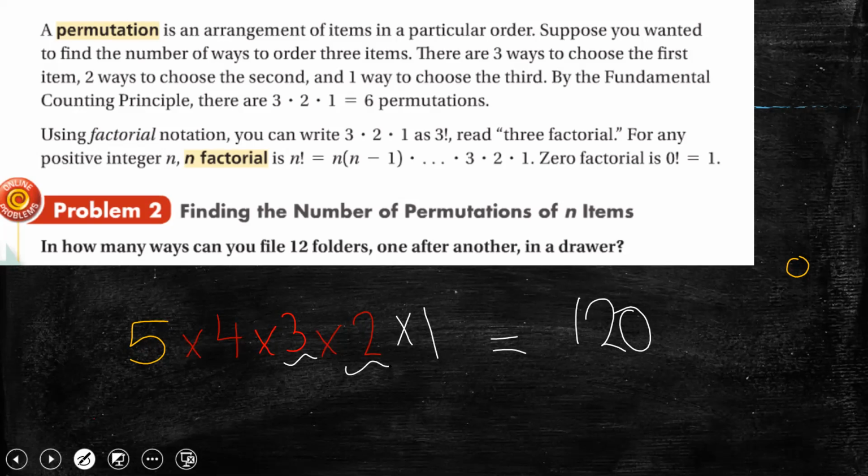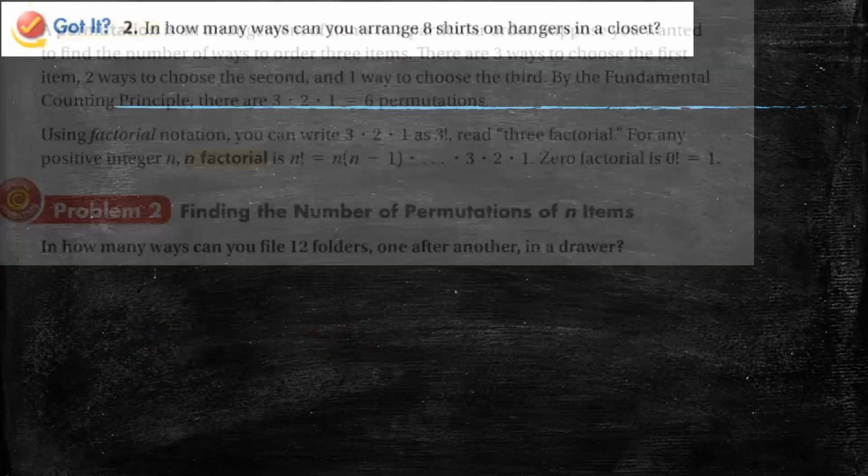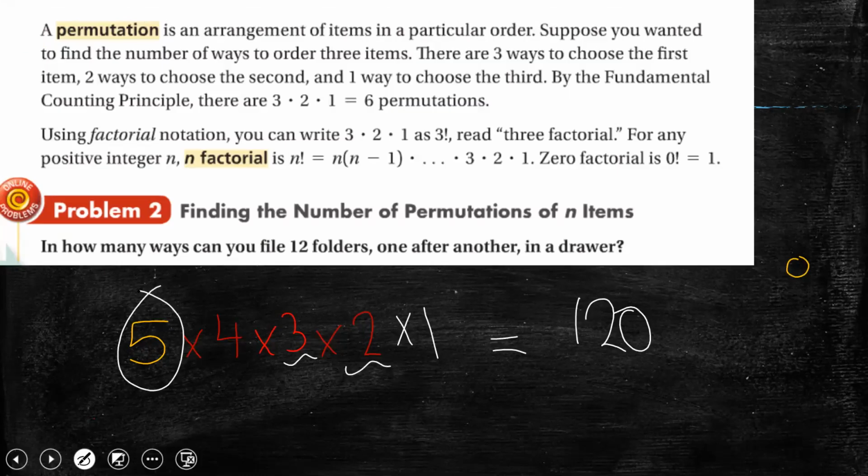To write this, we will use something we call factorial notation. I can write it as 5 factorial. This 5 factorial means 5 times the number before 5, which is 4.